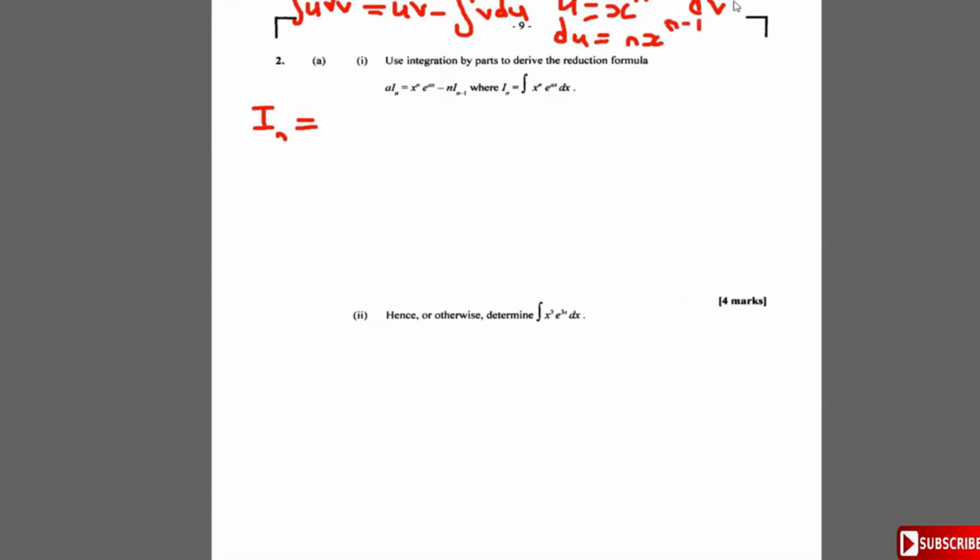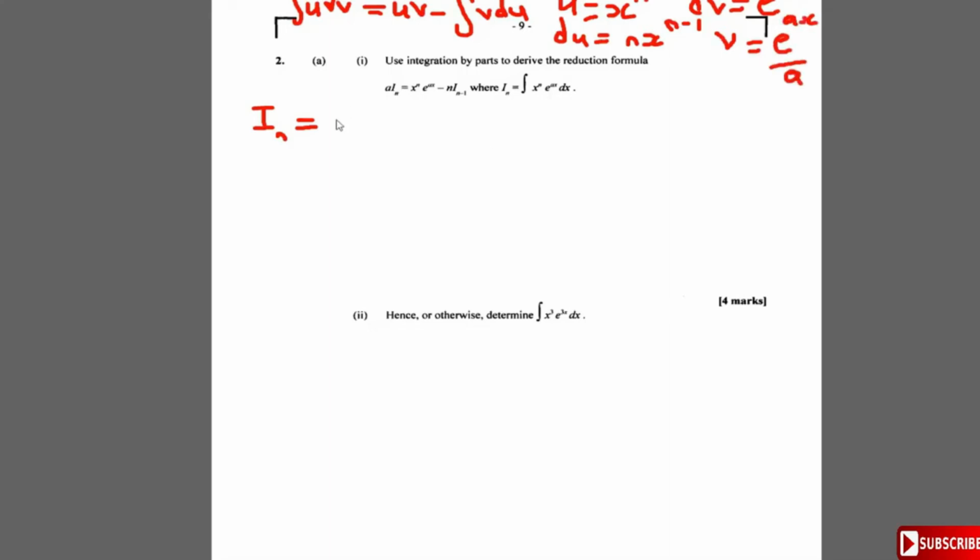And so dv is going to be e to the ax, and so v is going to be the integral of e to the ax, which is e to the ax over a.